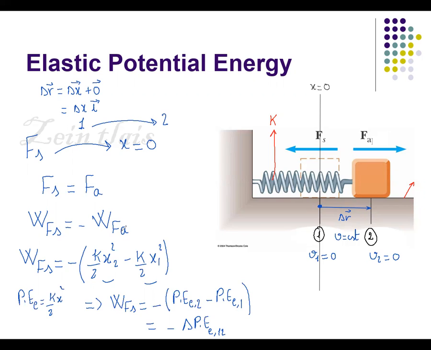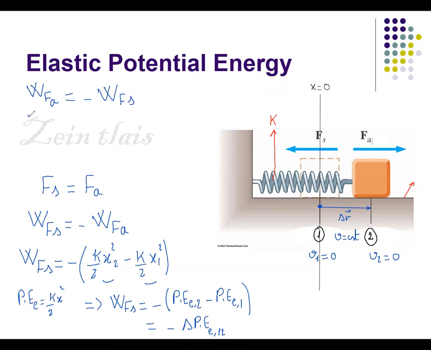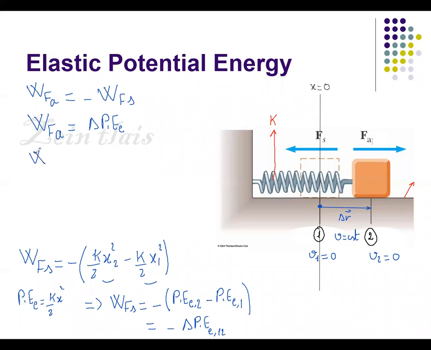And as omega Fa equals minus omega Fs, finally we have omega Fa equals delta potential energy elastic, and omega Fs equals minus delta potential energy elastic.